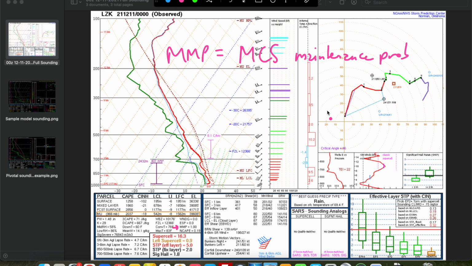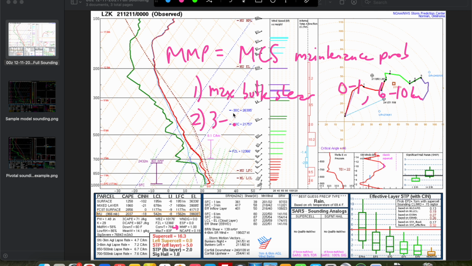And the way we calculate MCS maintenance probabilities, we take into account these four factors. I don't have an equation for you here, but we take into account the maximum bulk shear in the 0 to 1 and 6 to 10 kilometer layers. So we have two separate layers here that we look at the bulk shear within: that 0 to 1 kilometer layer above ground level and that 6 to 10 kilometer layer aloft.